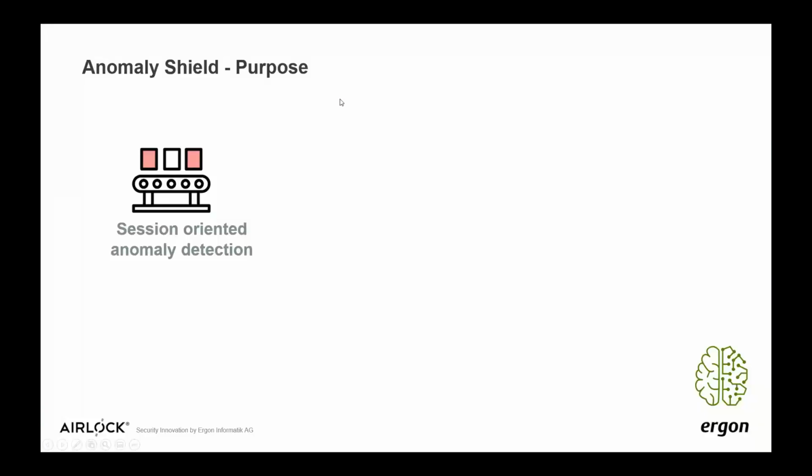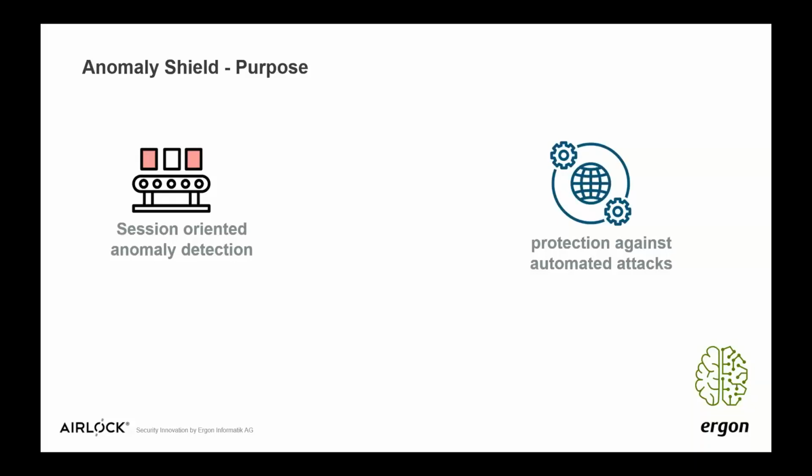So one thing we started already last time is the Anomaly Shield. The purpose of the Anomaly Shield is anomaly detection, which is session oriented. So within a session, if there is traffic which is unusual, which doesn't look like normal traffic, the Anomaly Shield should take over and protect you against automated attacks.